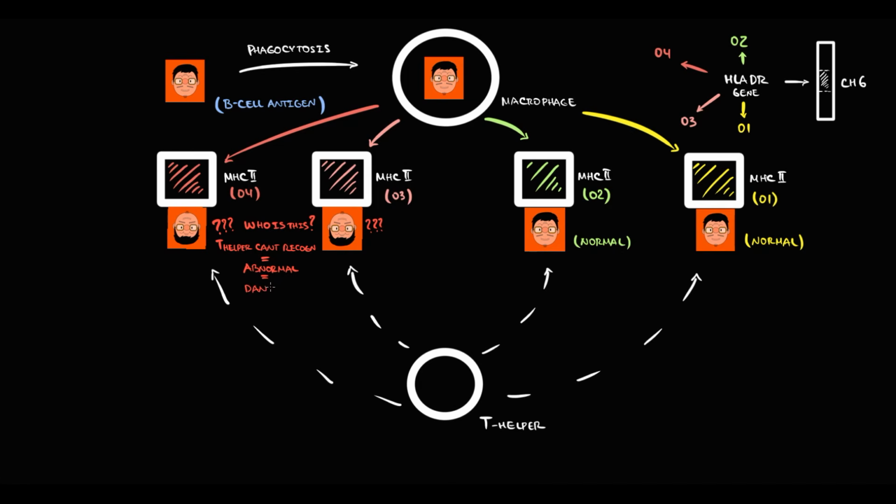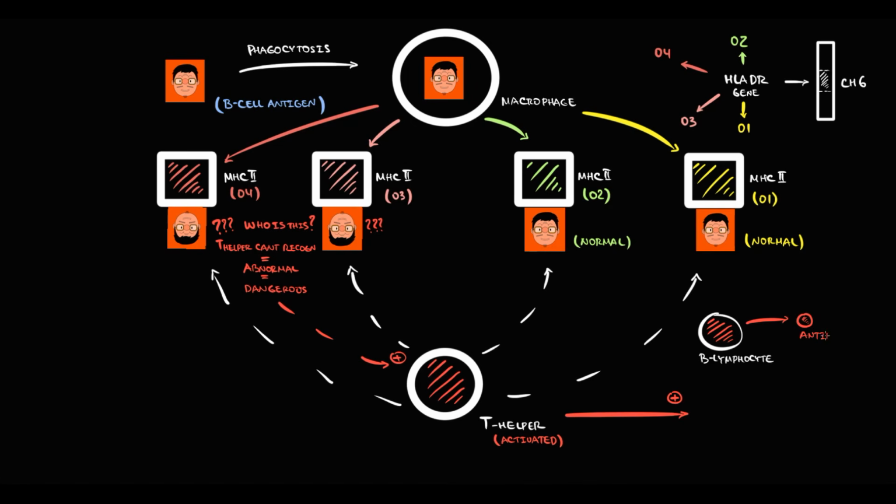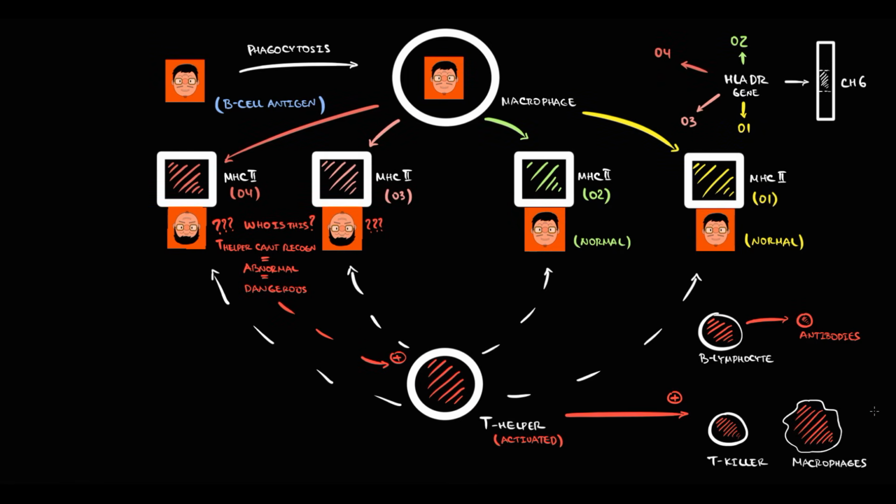And abnormal means dangerous. In response to dangerous substances, T helpers become activated. And in this state, they activate B lymphocytes that begin to produce autoantibodies. And also they activate T killers with macrophages. So now we will have an autoimmune reaction on a full scale.